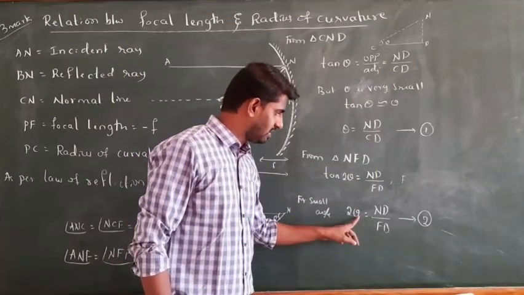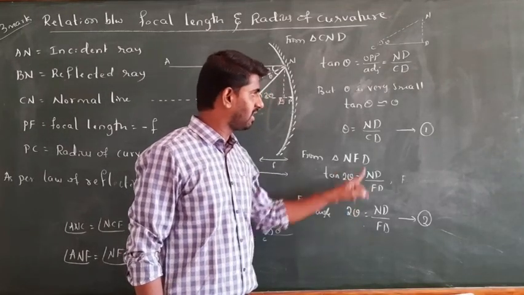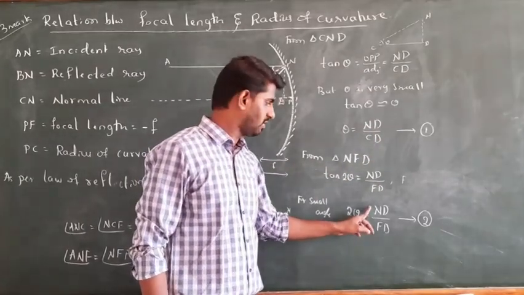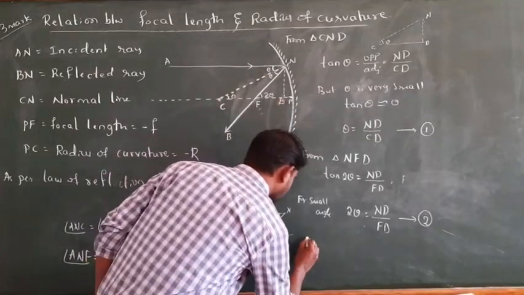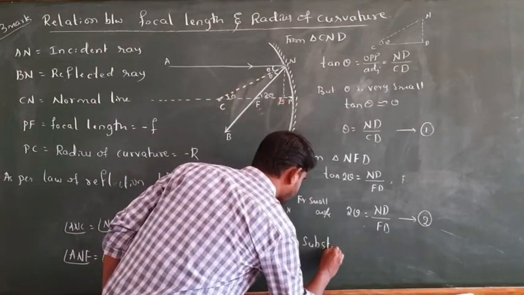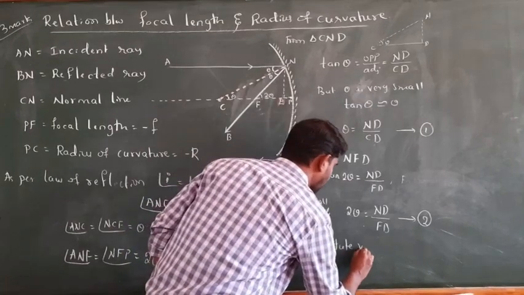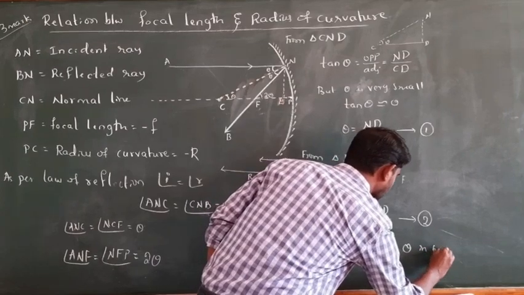Keep 2 as it is, and instead of theta, substitute ND by CD. Next, ND divided by FD as it is. So, substitute the value of theta in equation 2.